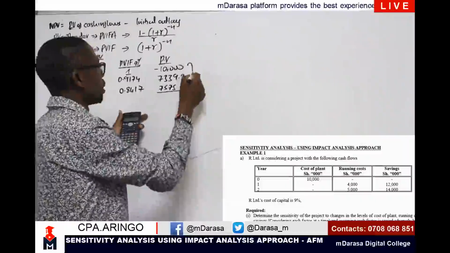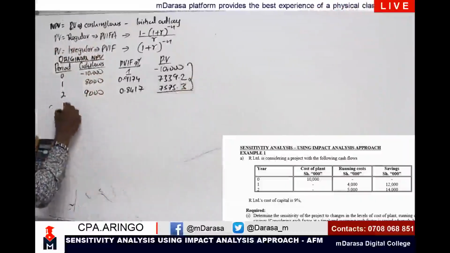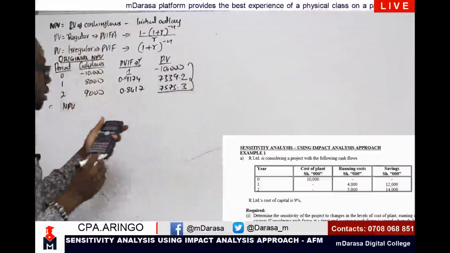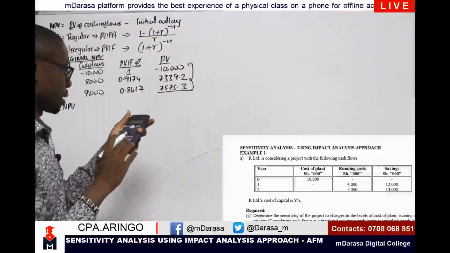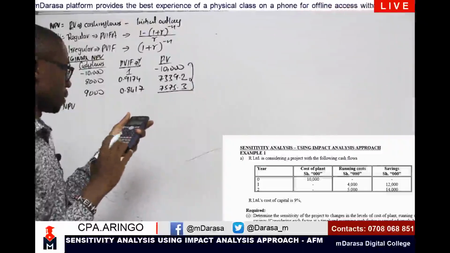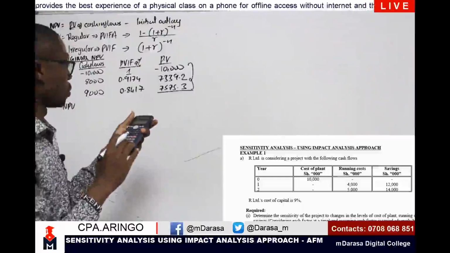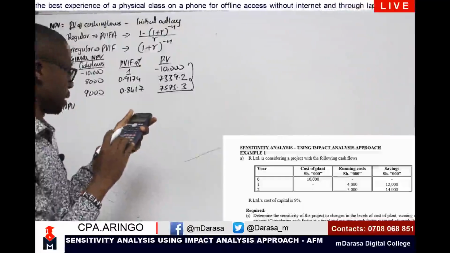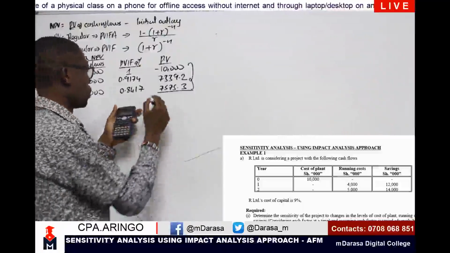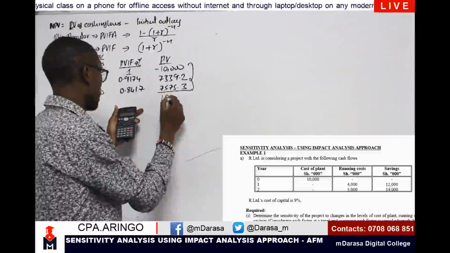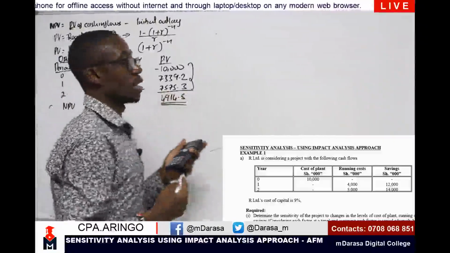So what will be our NPV here? My NPV, I'll be having minus 10,000 plus 7,339.2 plus 7,575.3 to give us our NPV of 4,914.5.